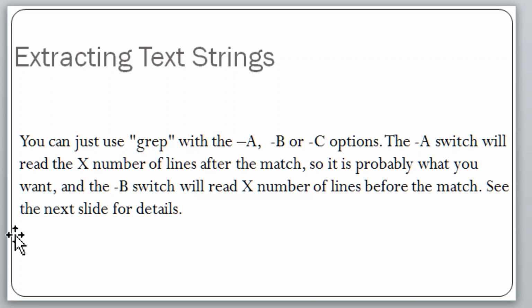We can also extract text strings. You can use grep with the -A, -B, or -C options, all uppercase. The -A switch will read the X number of lines after the match, so it is probably what you want. And the -B switch will read X number of lines before the match. We have an example of that on the next slide. We also saw that in our previous slides.